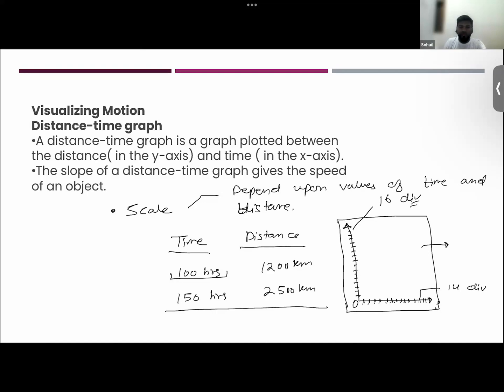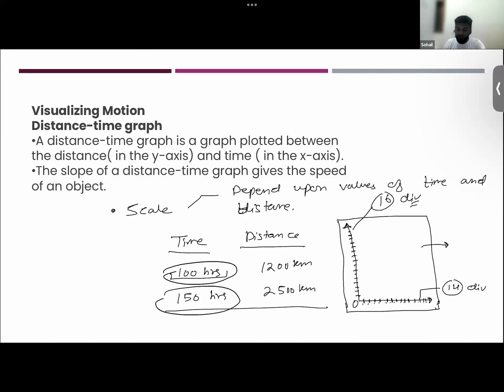So on the graph paper, that is the size of the graph, there could be a maximum of 14 divisions on the x-axis and 16 on the y-axis. That is the maximum division. So the scale you take for 100 hours and 150 hours should not exceed 14 divisions.